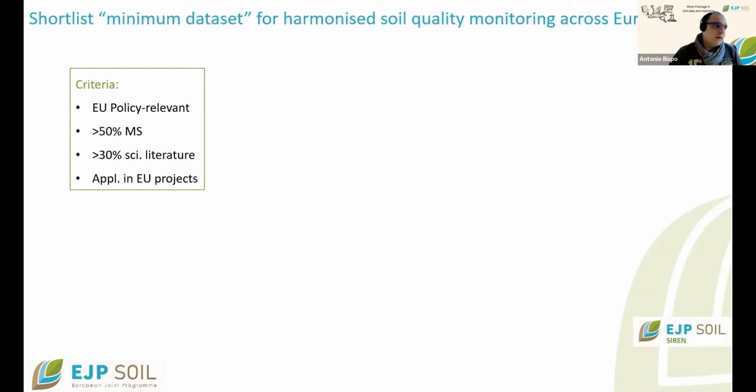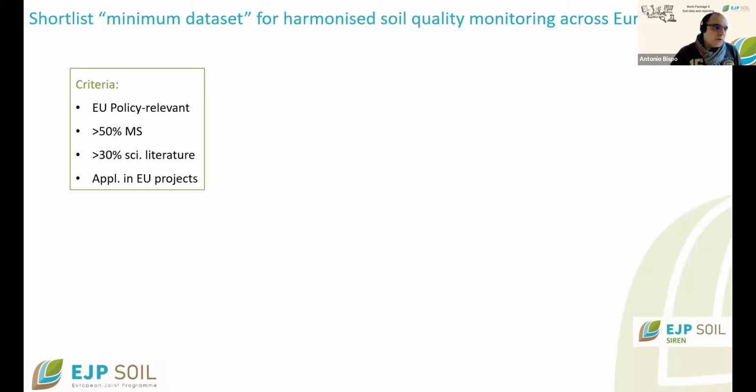They should inform and help policymakers. Second criterion, it should be used by at least 50% of the countries, meaning that they are already implemented in several monitoring systems. So we chose that as a second criterion.